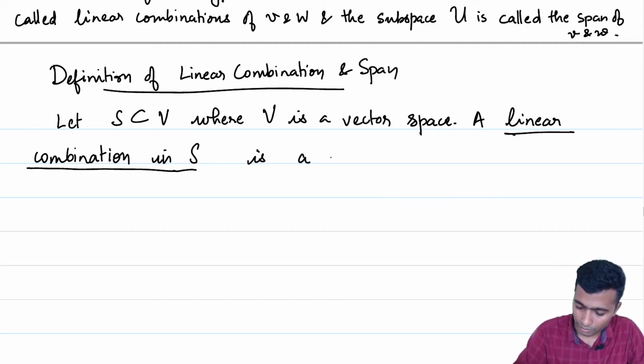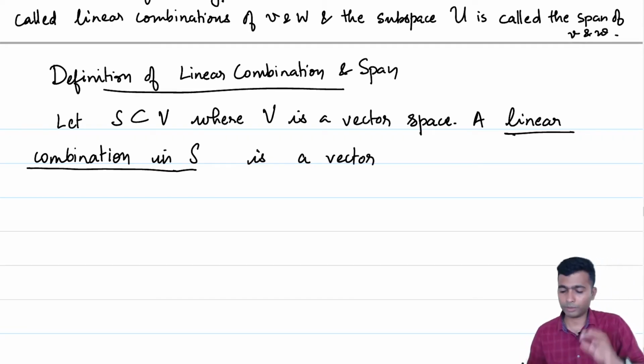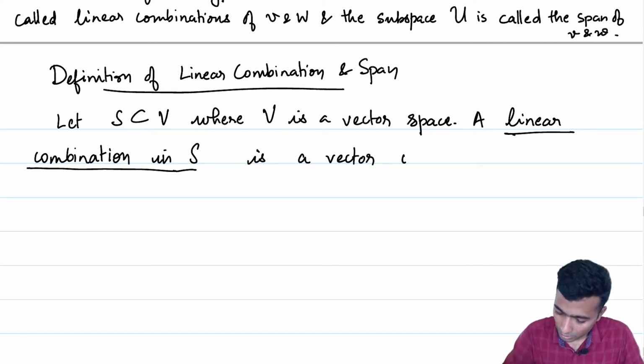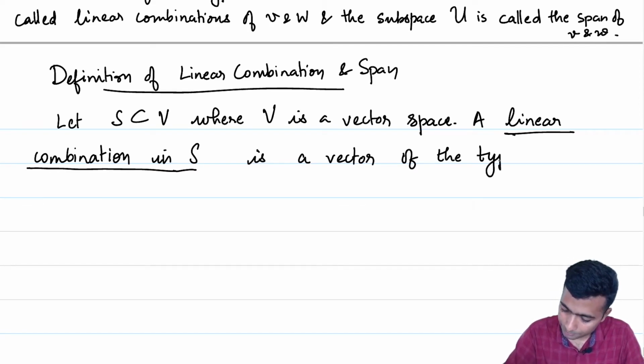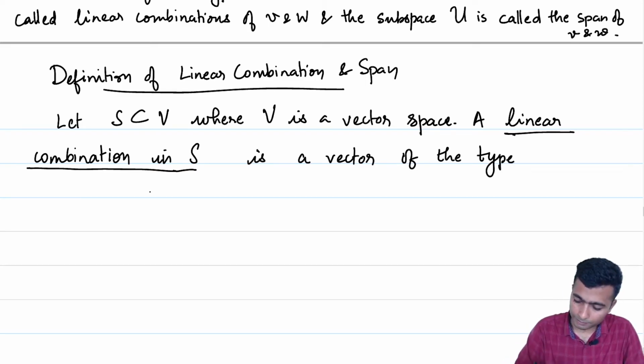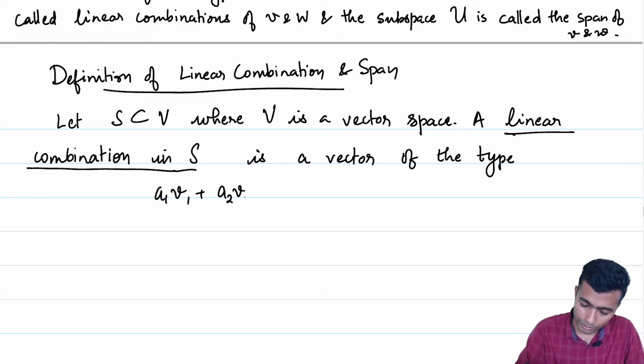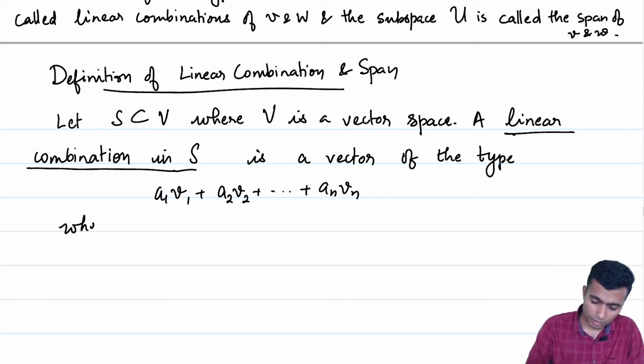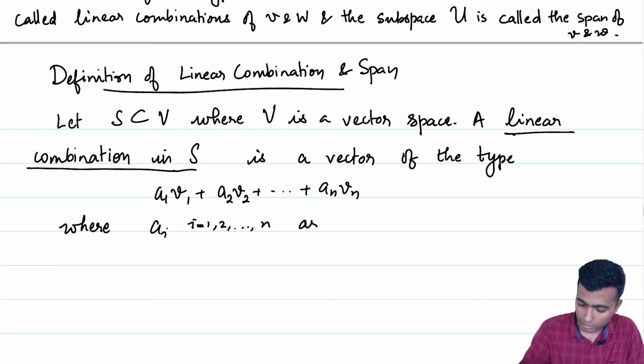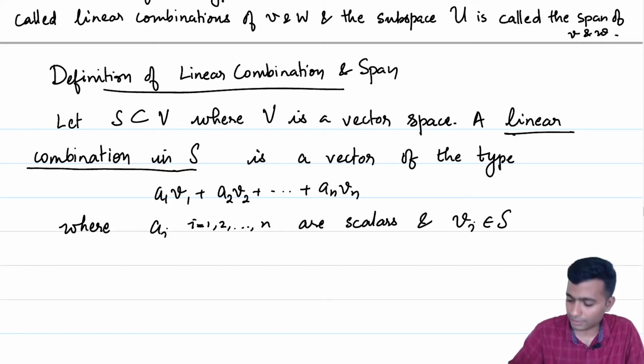Let me use the word vector to denote that it is an element of capital V. Is a vector of the type A1 V1 plus A2 V2 plus up to An Vn, where Ai are fixed scalars, i equal to 1 up to n are scalars, and Vi belongs to S, where again i is equal to 1 to n.